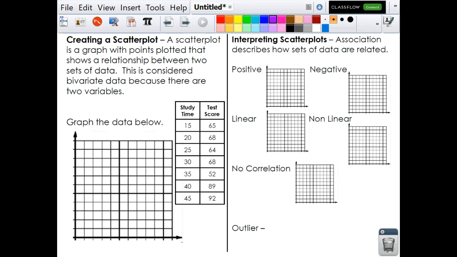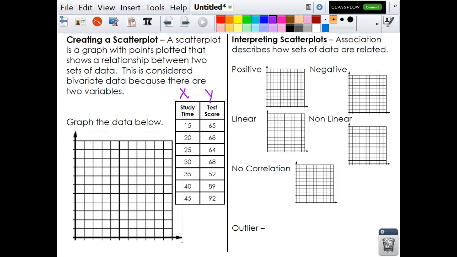What we're going to do is create a graph for the data. Now, if I have a scatter plot, that means I'm basically just graphing all of the points. They might be everywhere, they might be close together, but I'm just taking these x values and these y values and putting them on my graph. So, a scatter plot is a graph with points plotted that show a relationship between two sets of data.